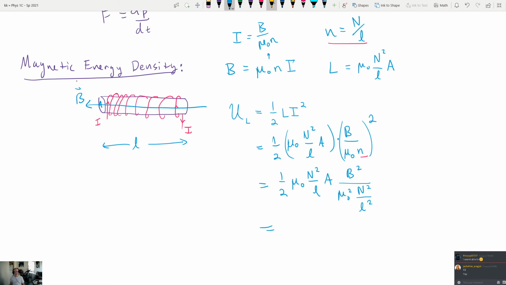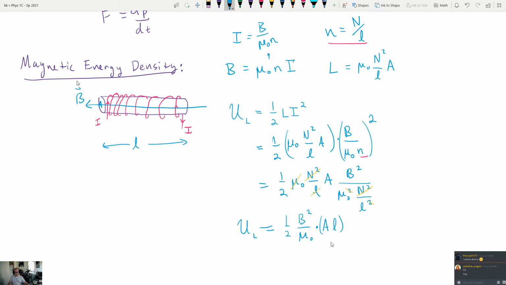Now we can start canceling stuff. So this mu naught cancels out with one of these. This L cancels out with one of these. The whole n squared cancels out completely. And what we're left with is 1/2 B squared over mu naught times A times L. If I did everything right.